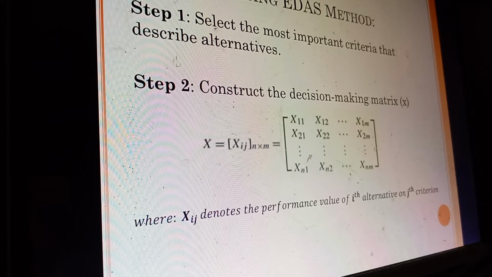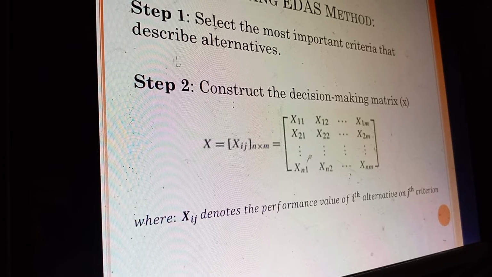It is presented in a matrix form. Step 2, construct the decision-making matrix as shown here, where Xij denotes the performance value of the ith alternative on the jth criterion.